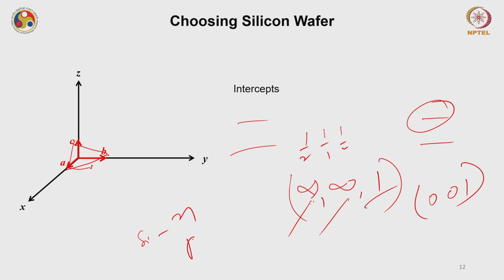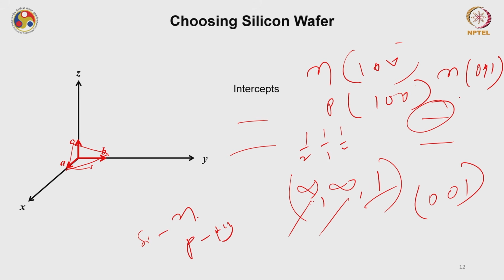Usually these wafers are also divided based on what kind of doping they have. Our silicon wafer can be an N-type wafer or a P-type wafer. With N-type, I can have an N-type wafer with 100 orientation, or a P-type wafer with 100 orientation, or an N-type wafer with 001 orientation, or something like that. So Miller indices alone may not be sufficient to classify these wafers.